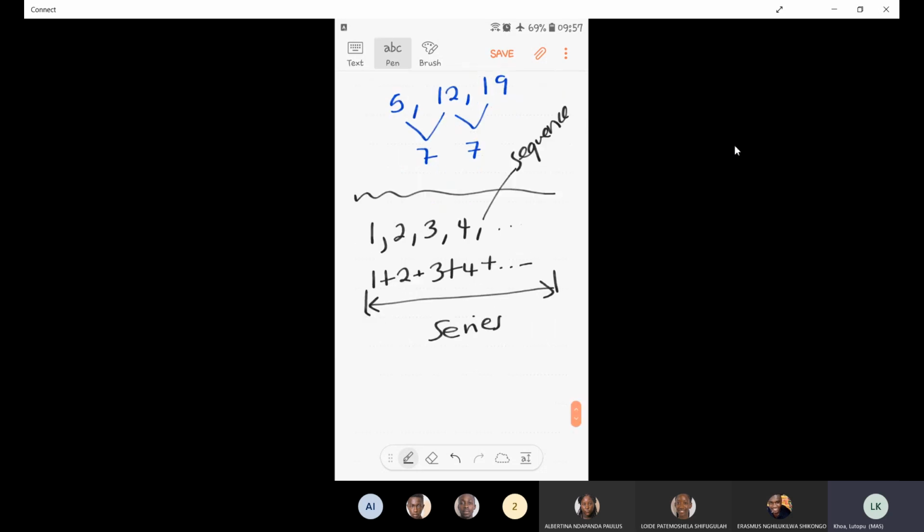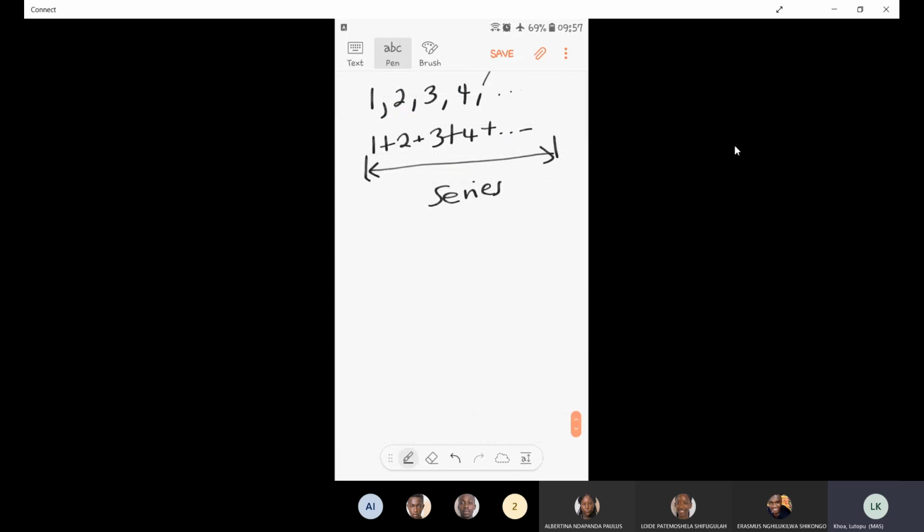Now with an arithmetic progression, you can find out what the sum of the first n terms is. So we say Sn is equal to n over 2, and then a plus l. Here a, again, is the first term, and here l is un.